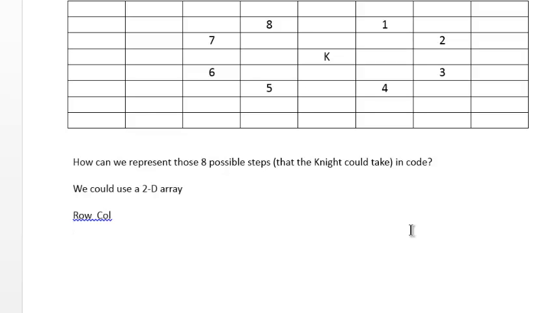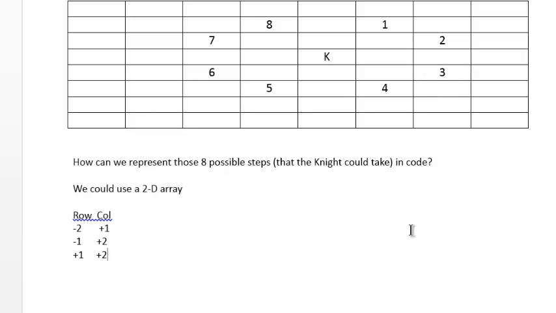Okay, so the first one we need to do what? Minus 2 rows, plus 1 column. For the next step, we need to do minus 1 row, plus 2 columns. The third, plus 1 row, plus 2 columns.